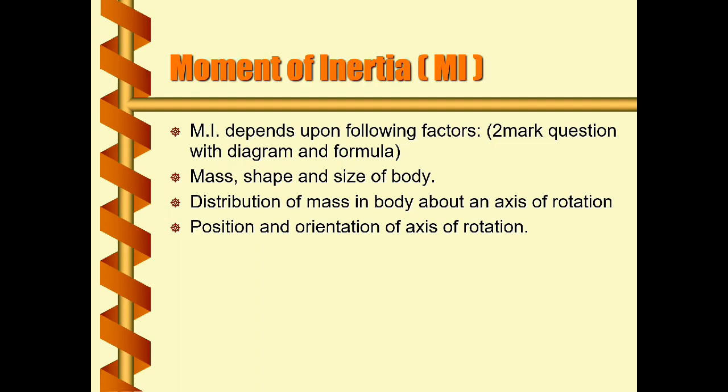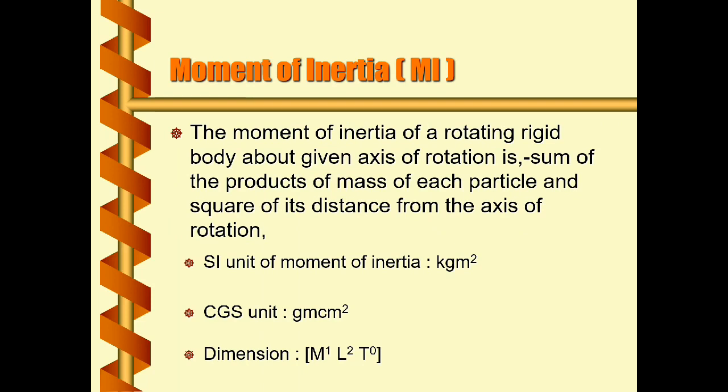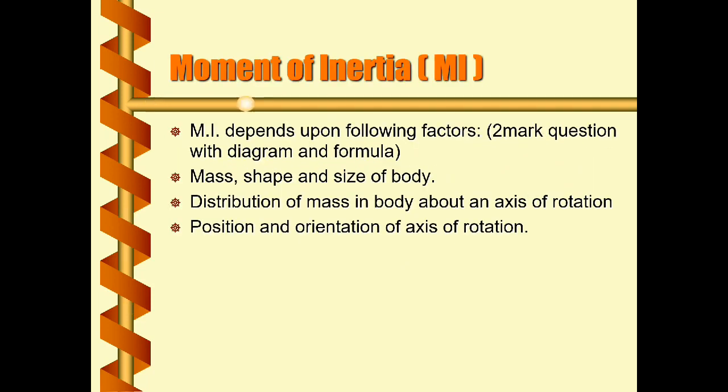On which factors does moment of inertia depend? As you know from the formula, moment of inertia depends on mass and on the distance of the particle from the axis of rotation. If a 2 marks question is asked, on what factors does moment of inertia depend, you have to write that it depends upon the following factors: mass, which is related to the shape and size of the body; distance from the axis of rotation, meaning the distribution of mass in the body about the axis of rotation; and similarly, with the position of the axis of rotation, moment of inertia changes.